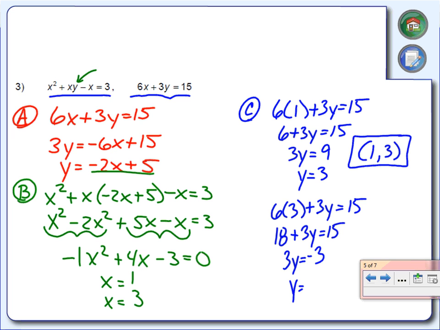And a negative 3 divided by a positive 3 makes this a negative 1, which means I'm going to end up with the ordered pair 3, negative 1. And there's my other solution. So these are the two ordered pairs that satisfy both of our equations. Now that's the answer to our system. That's number 3.